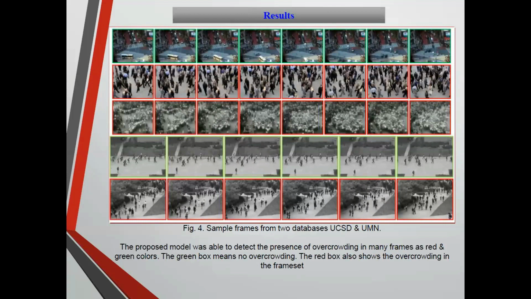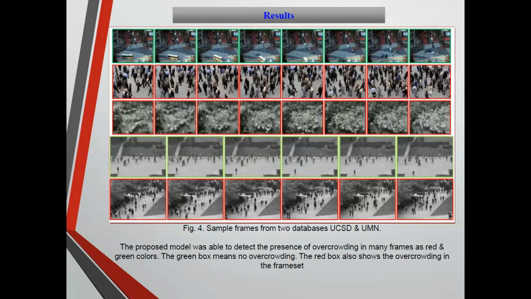A red box shows overcrowding in the frame. So red means a heavy crowding region, and green means the least crowding. That lists the degree of response diversity.